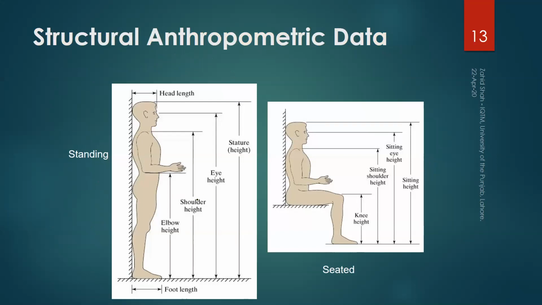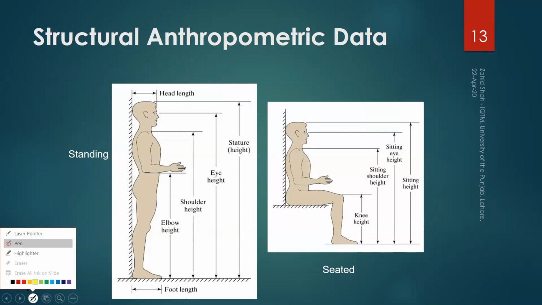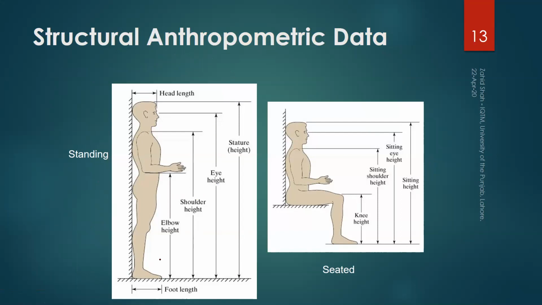So here you can see different measurements are being actually not being taken, but they are shown here. So one of them is, let's suppose, the most common is actually the height. Height is being measured with respect to this surface. So this surface is, for example, floor. So this is the second possibility to define the reference point or reference plane.